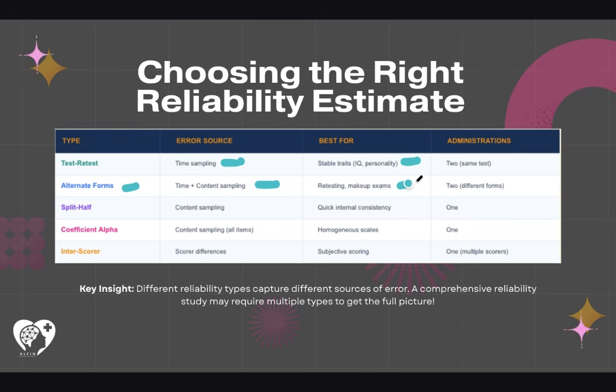No? So the one that I mentioned a while ago as an example is like the type of test and the makeup test. Are they the same, or are both tests reliable? Because you're going to correlate two forms. And then next we have the split half. So this split half also catches content sampling, but unlike these two, it aims to reduce the time and the money it costs to establish reliability, its administration is only one.